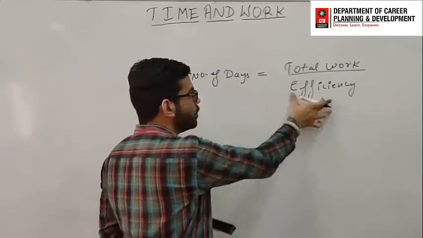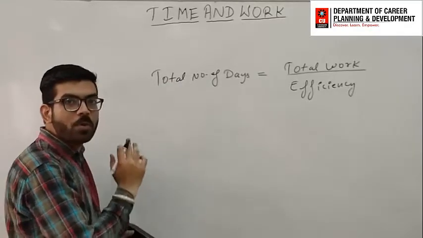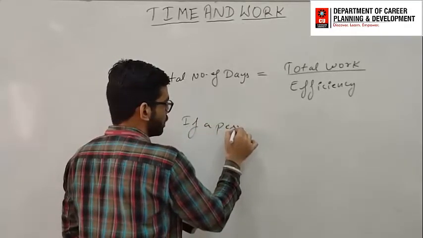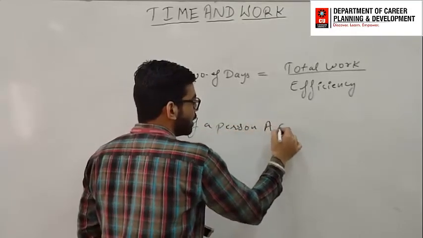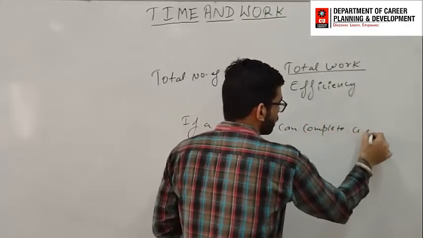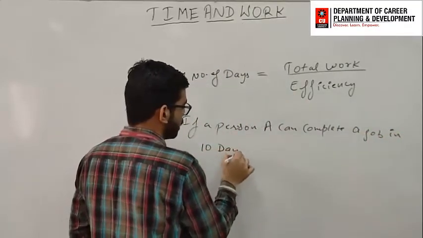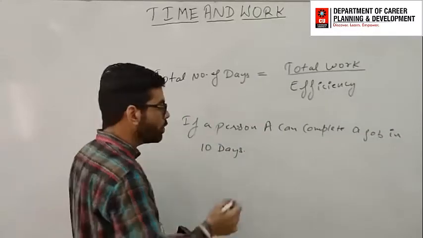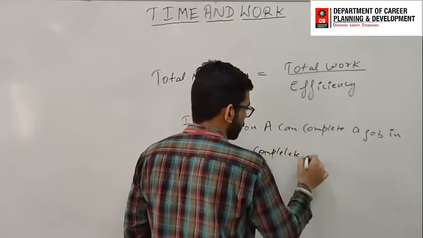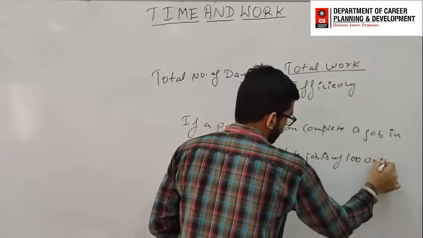Let's see what efficiency is, because this is a very important part. Just suppose, take an example: if a person A can complete a job in 10 days and the complete job is of 100 units.